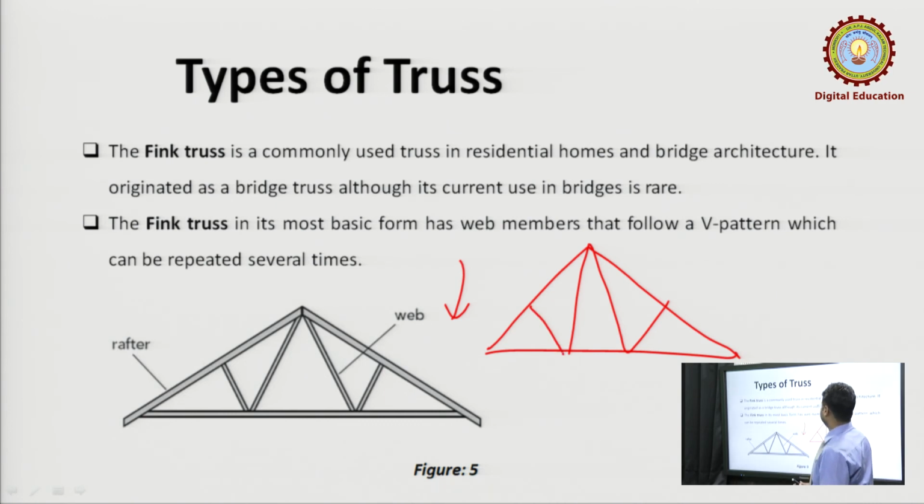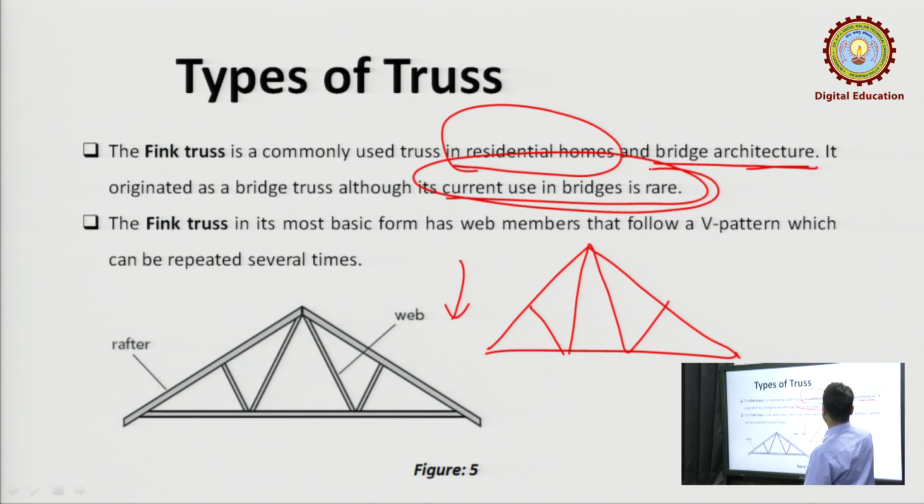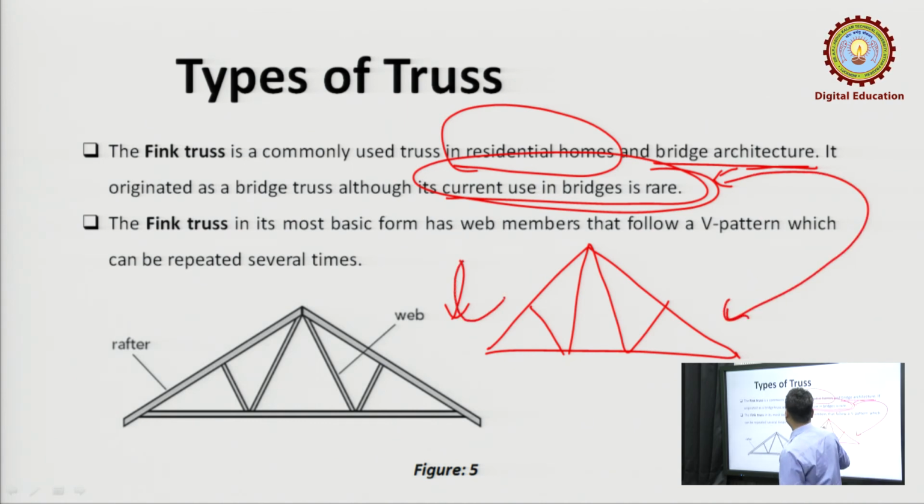The Fink truss is commonly used in residential homes. It is used for residential homes and bridge architecture. It originated as a bridge truss before its current uses. Actually, these types of bridges are not in common use in recent times.